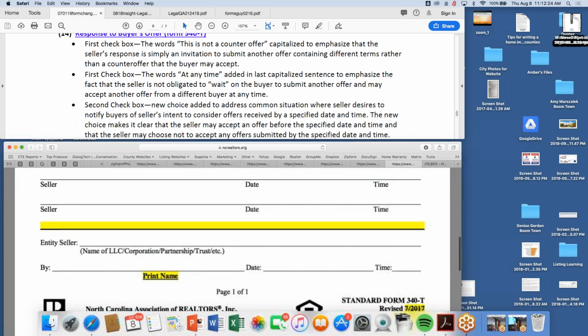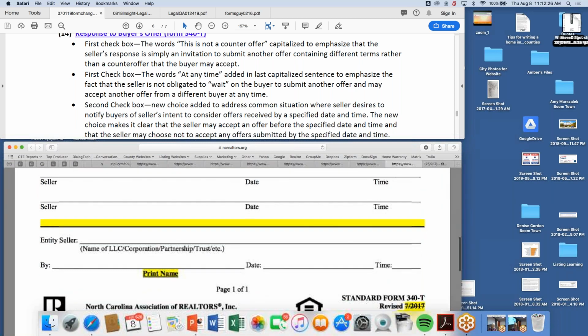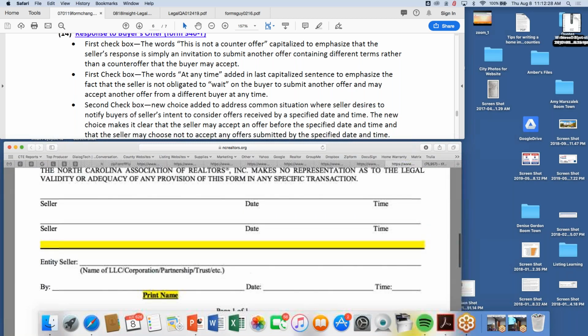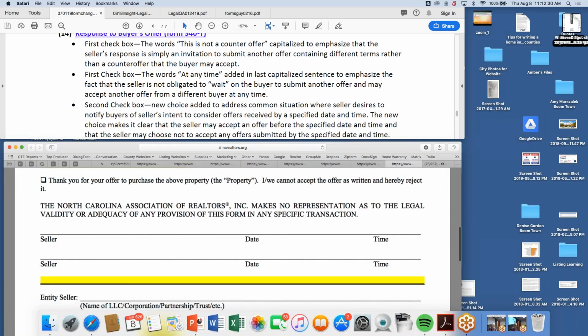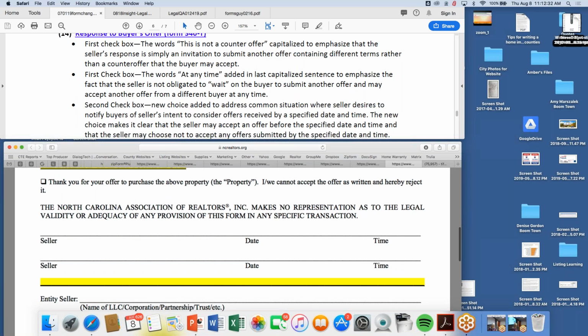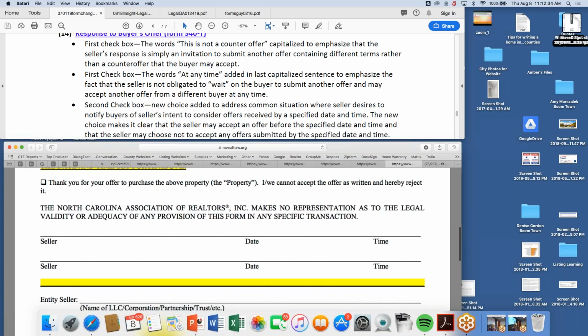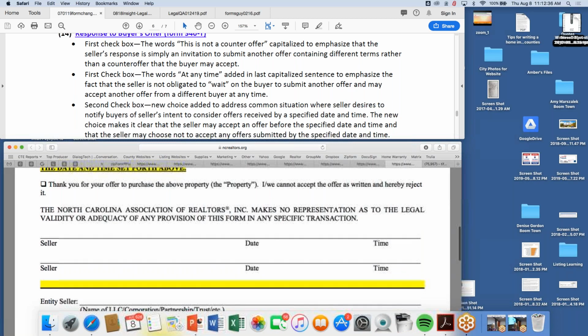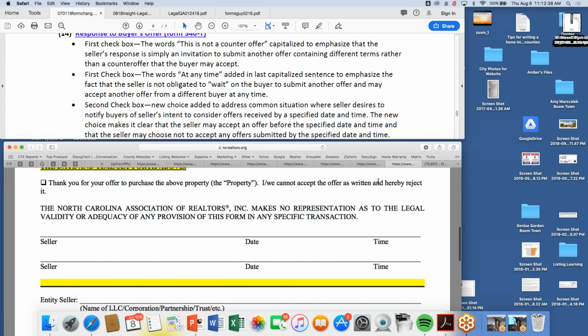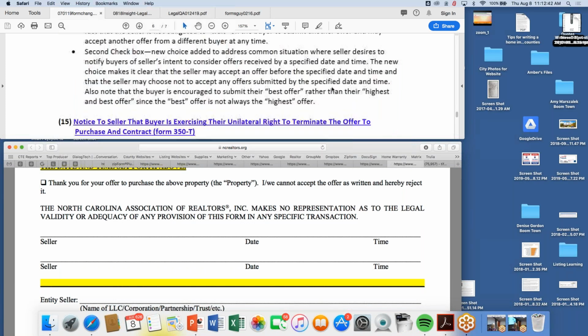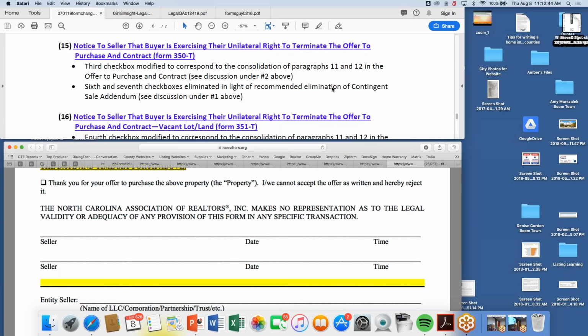And so here again, we then now have where you're putting your name in, and it's just clarifying how entities are set up. Any questions on the response to buyer? Okay. So the next piece are the notice to buyer piece and the notice to seller piece.